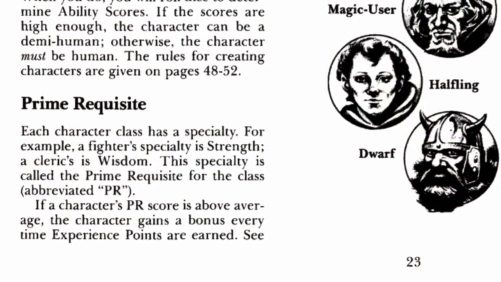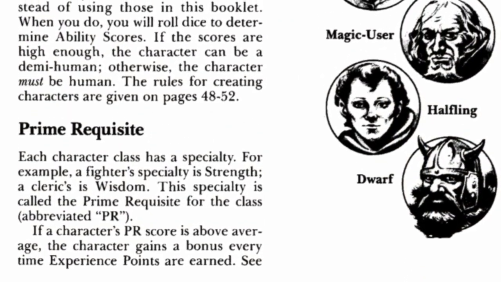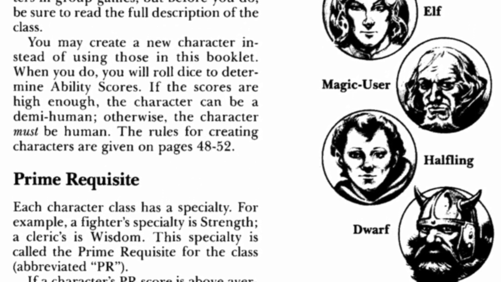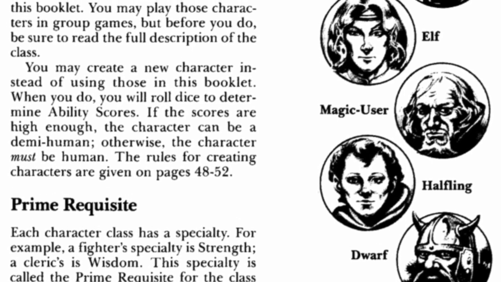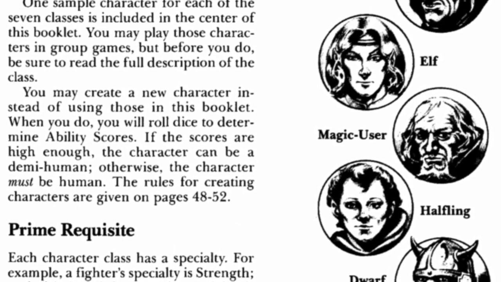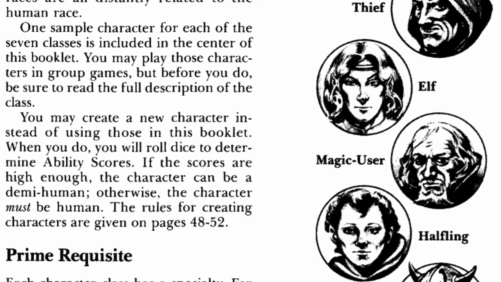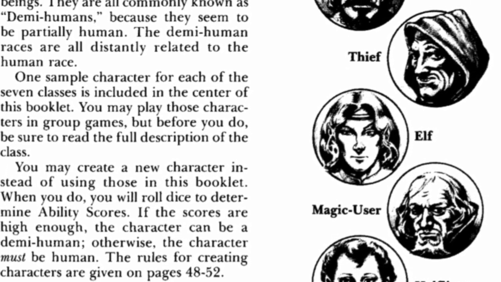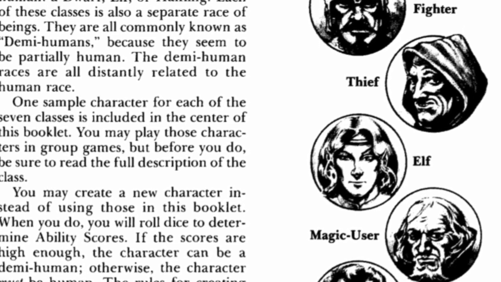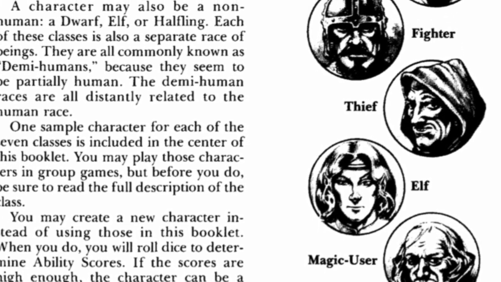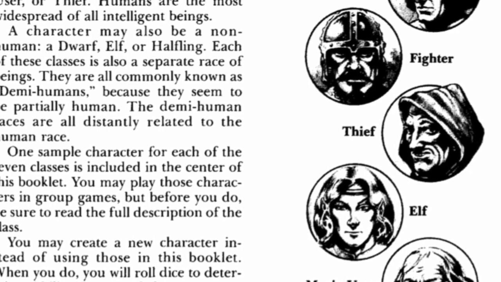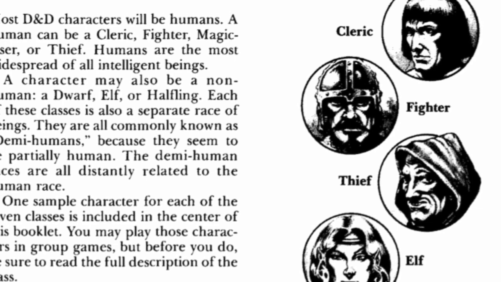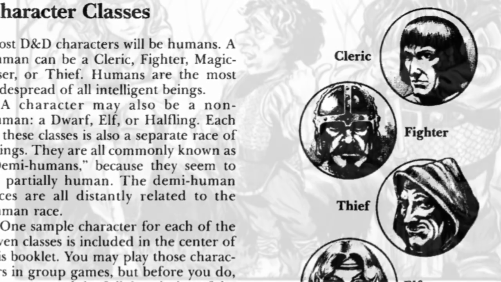So the next step in the character creation process is to choose a class, and each class has what's called a prime requisite. And that'll be based on the ability scores: strength, intelligence, wisdom or dexterity. So the fighter favours strength, the magic user favours intelligence, the cleric favours wisdom, and the thief favours dexterity.